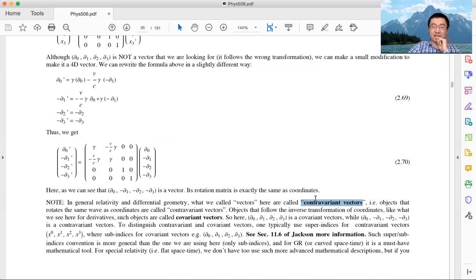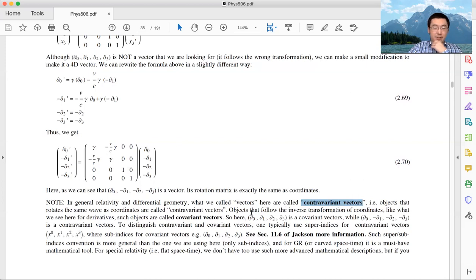For special relativity, it's not that important, because the metric tensor and the inverse metric tensor are the same matrix, so it doesn't make much difference. Using this terminology is fine and makes some formulas convenient, but we can live without it. So in our lecture, we will not use this terminology, but occasionally I will show you what the formula looks like if we use it.